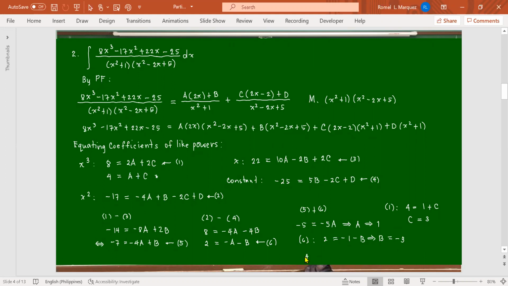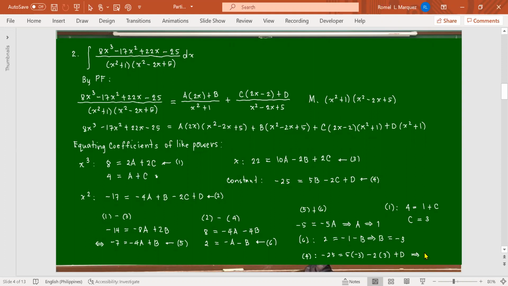From equation number 4, we have negative 25 equals 5b, where b is negative 3, then minus 2c, c is 3, and then plus d.